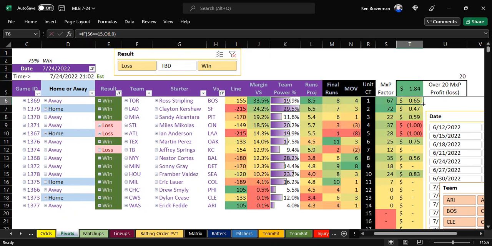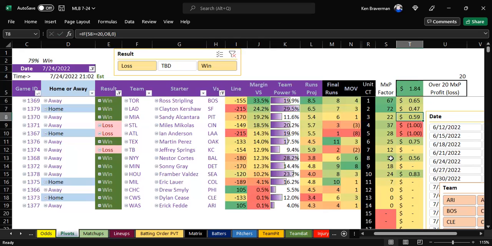Because that would include the Minnesota game. Now all of a sudden you made $2.43 on your $8. Now, what if we went above 10? Now we're going to include the Tampa Bay game, but that was an MxP factor of 12. Now it's down to 1.43 again, 1.80, which is less.